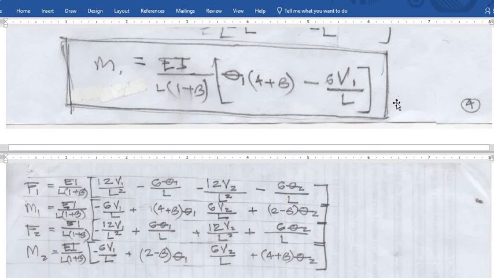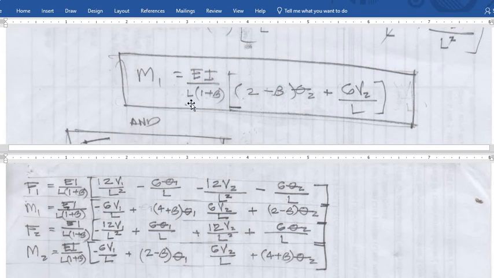And then, you have negative 6 V1 all over L, plus 4 plus beta times theta 1. And where do this V2 and theta 2 come from? That is this one. So, we have 2 minus beta theta 2 and 6V2 all over L. So, we have combined them.